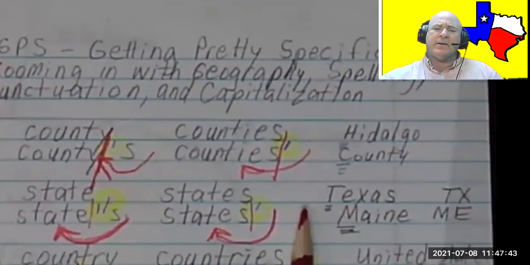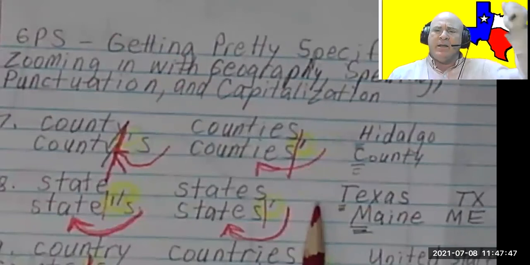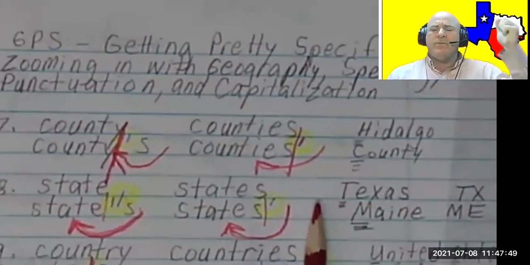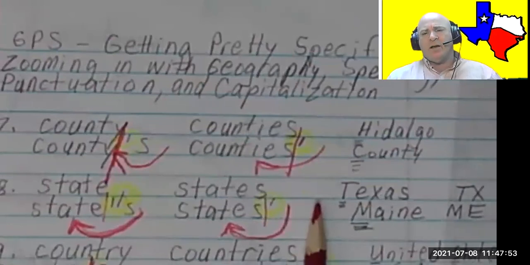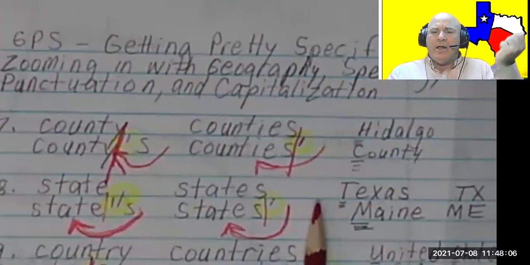And we will practice the name of a county. So instead of writing Hidalgo County, I would suggest that you have your students write the name of their county. And if they don't know it, this is their opportunity to know the name of their county. Capital Hidalgo.